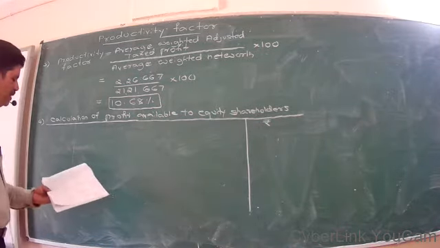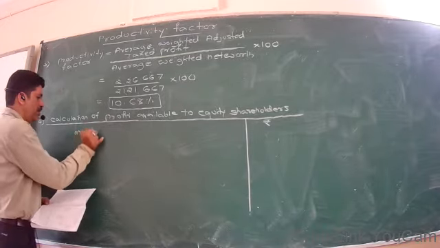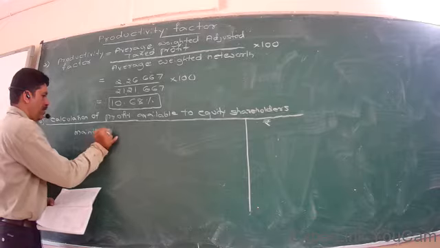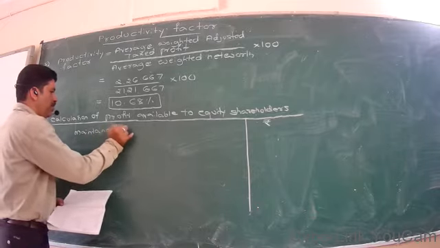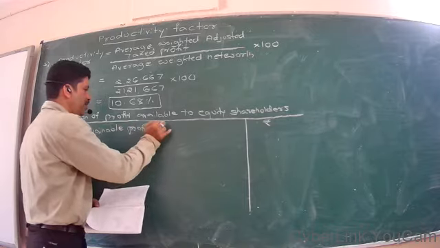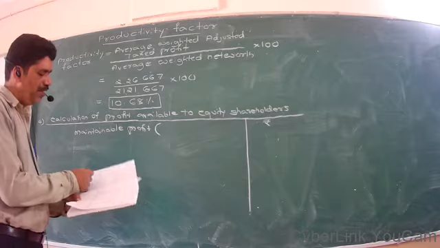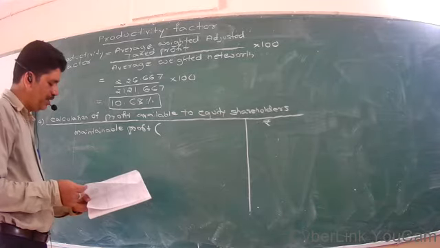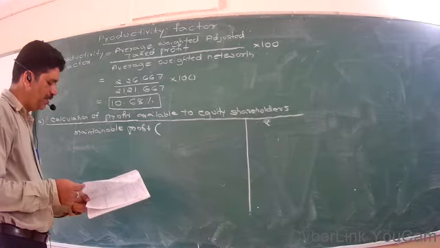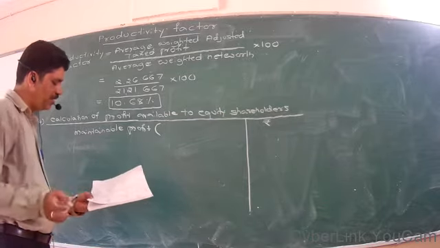First one is maintainable profit. So maintainable profit is calculated by taking productivity factor and applying it on the net worth excluding investment.